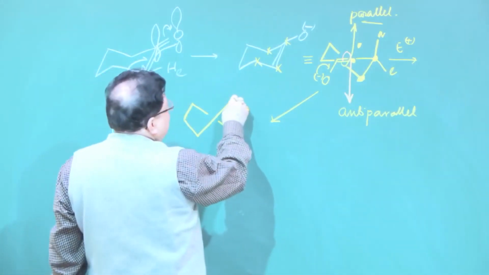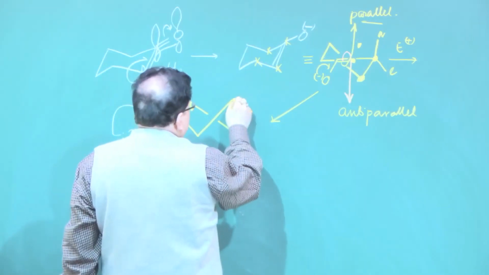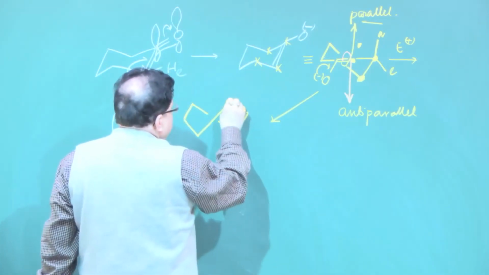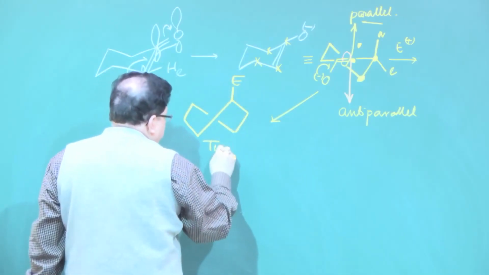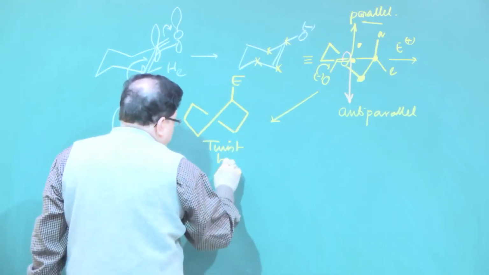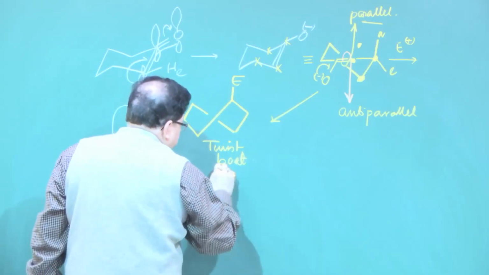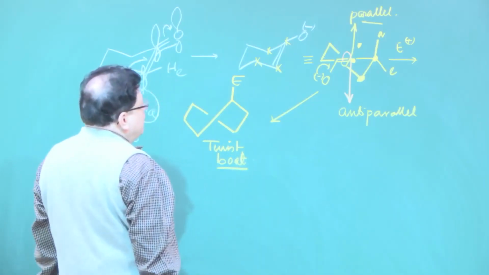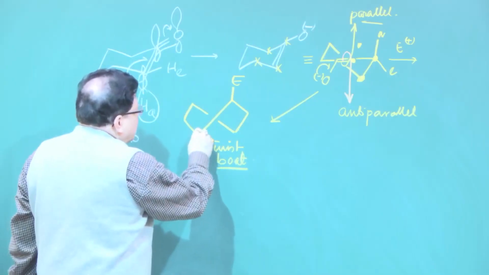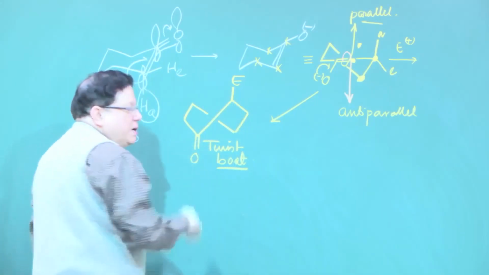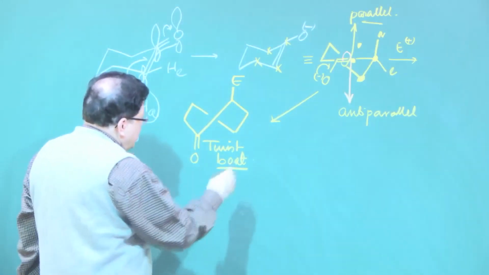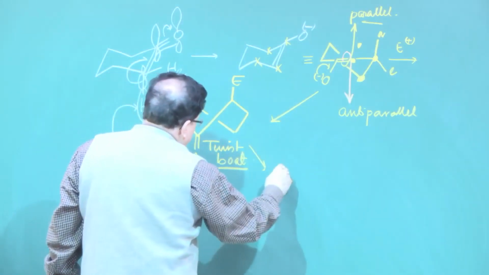The electrophile will be added at this position, and this is a twist boat conformation. Then, where is the carbonyl? The carbonyl is at this position, and naturally it will not stay in this conformation. It will go to the more stable chair form.